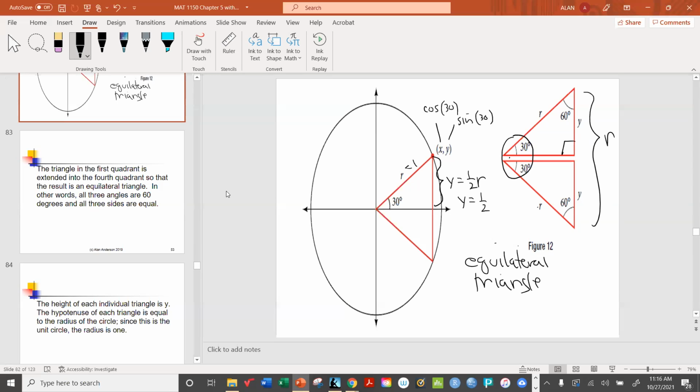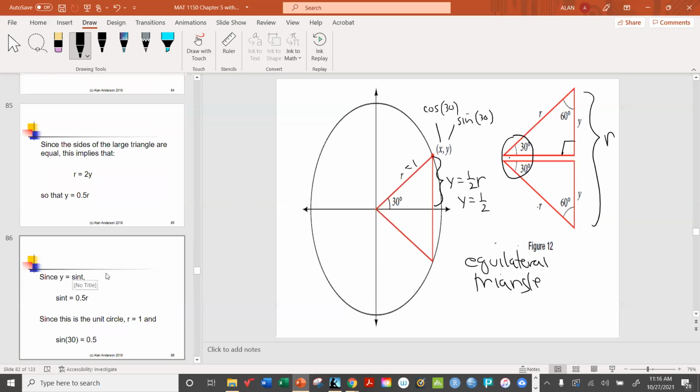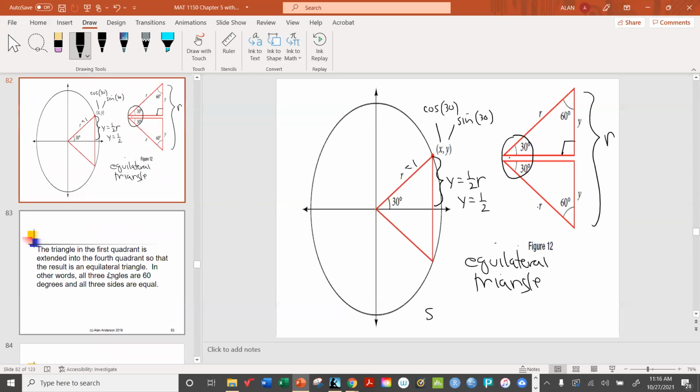Now, again, because this is an equilateral triangle, what do we know? And by the way, this implies that the sine of 30 degrees is 1/2, which we already know.